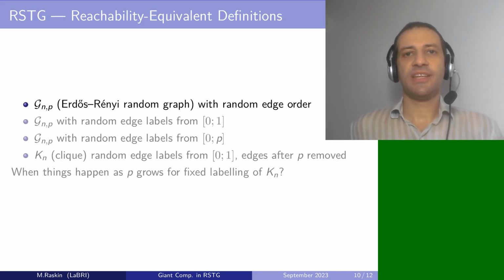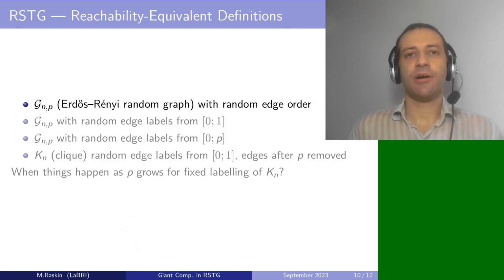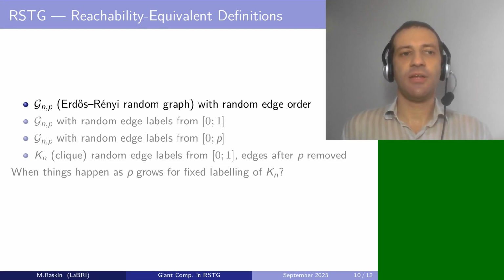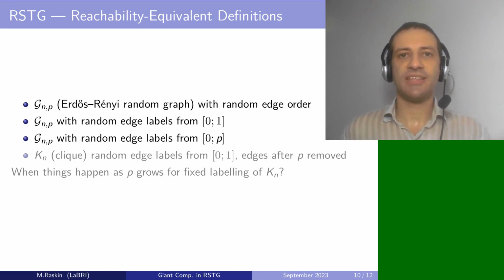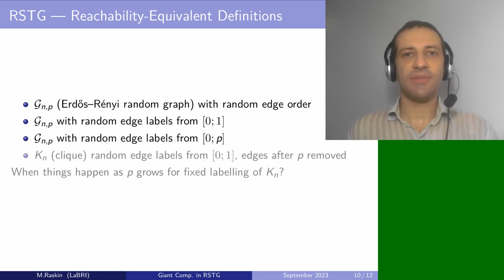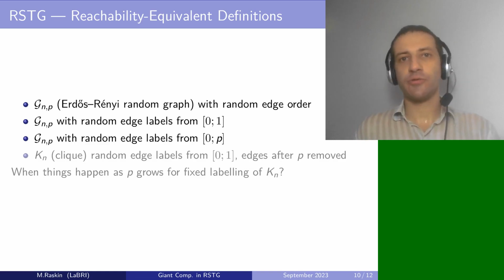To explain a bit more what I was talking about in the rescaling of the times corresponding to the random ordering: the Erdős-Rényi temporal graph is defined with random edge order, so you can say that the times are integers. Of course, you can rescale, and if you take for your edges uniformly, randomly, and independently time labels from 0 to 1 or from 0 to p, you get, with probability 1, unique time labels, and you get a uniformly random ordering.